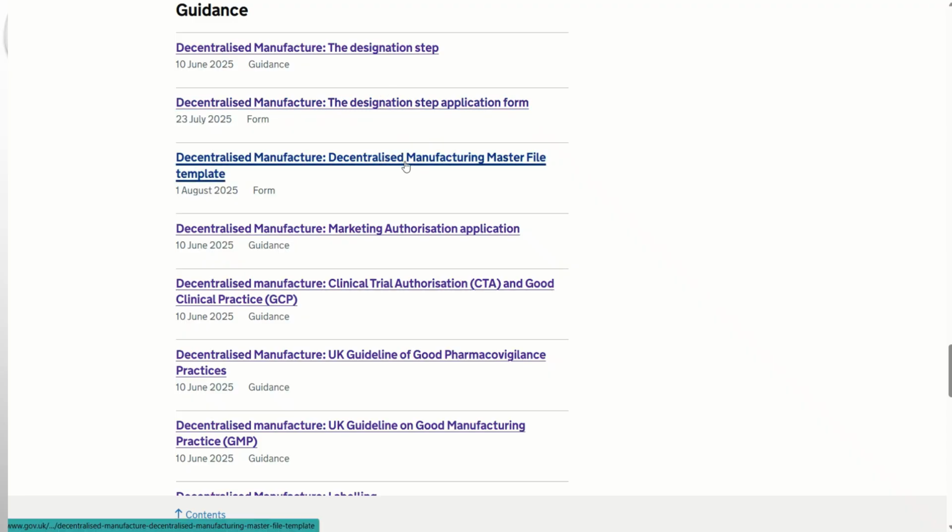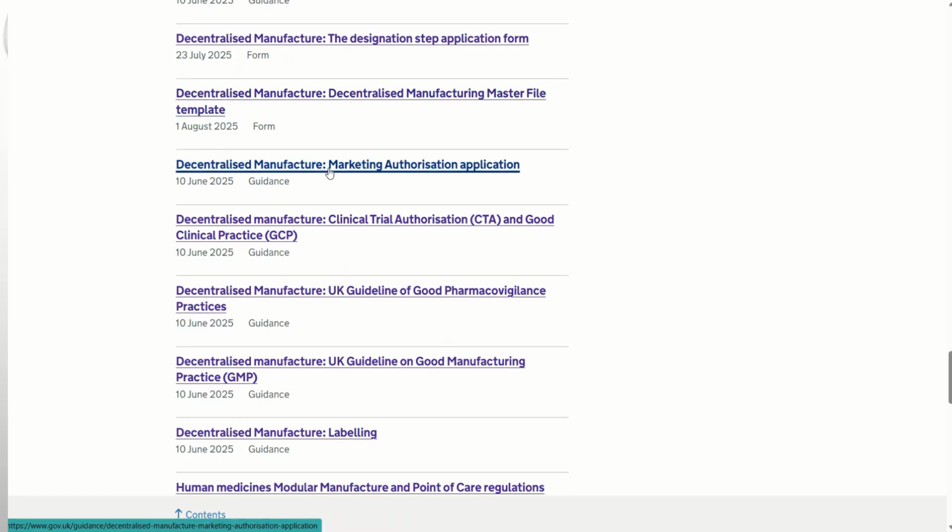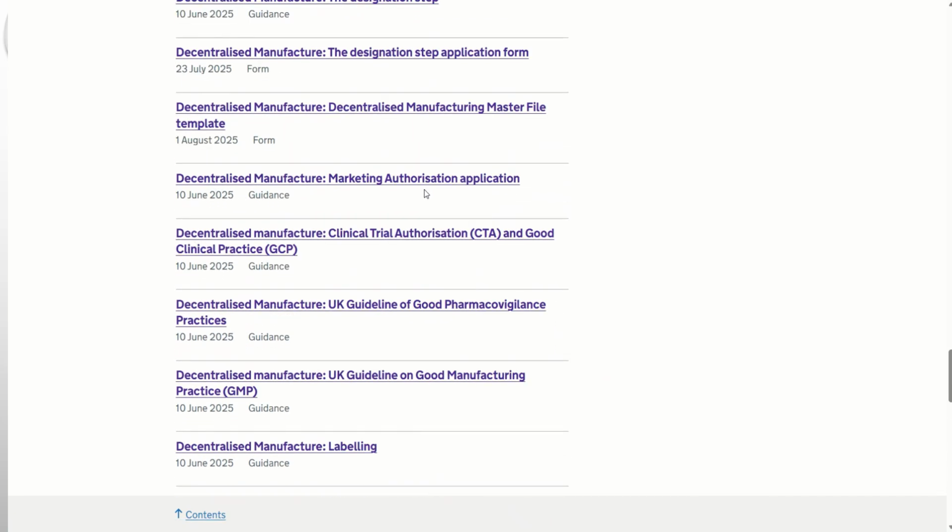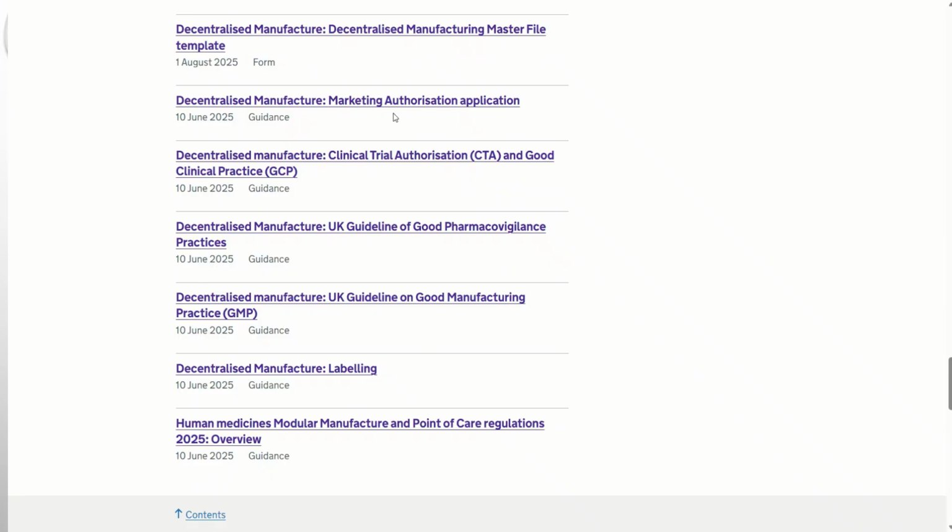Then you have your manufacturing master file, the decentralized manufacturing master file, and then the different applications. So you do your designation first, and then you do your applications for marketing authorization or clinical trials, whichever one is applicable.